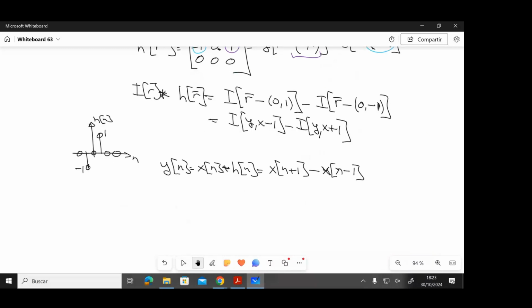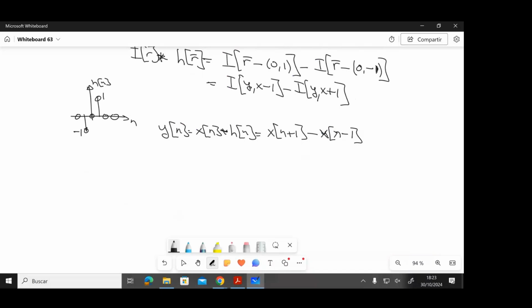So let's say that we have a signal x of t. We have samples x of n. And I want to estimate what is the derivative at this point. So one approximation would be to take the nearby samples and compute the slope of that.